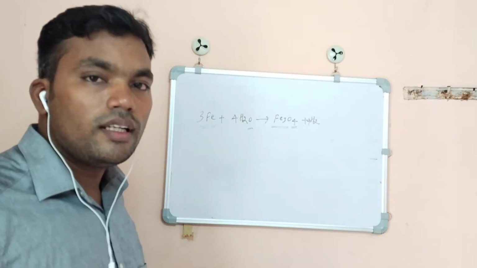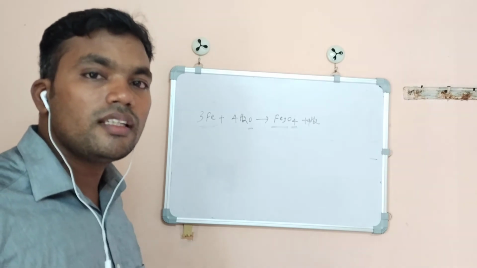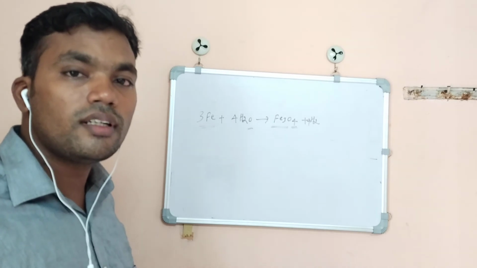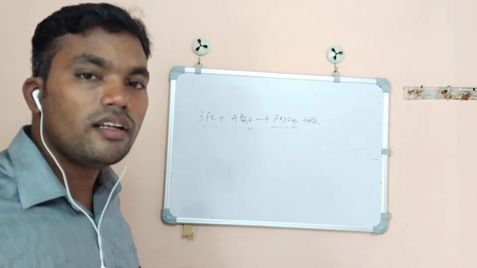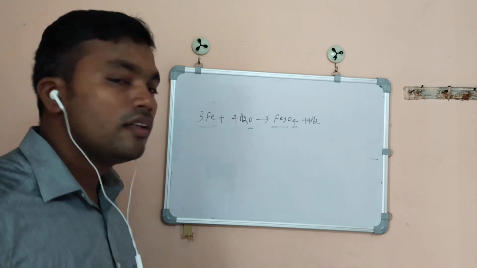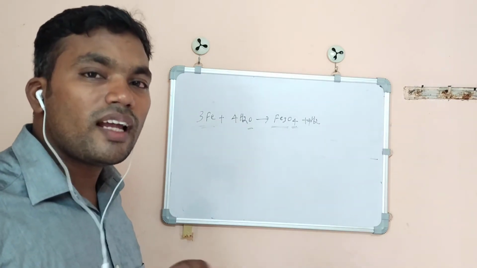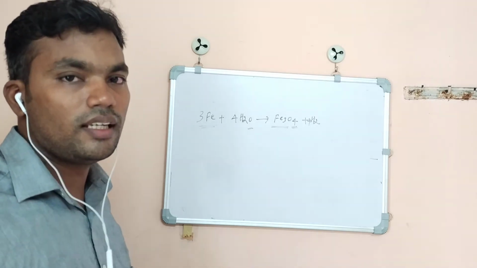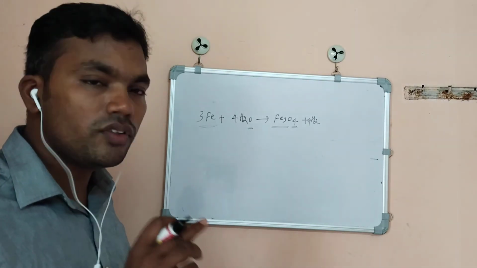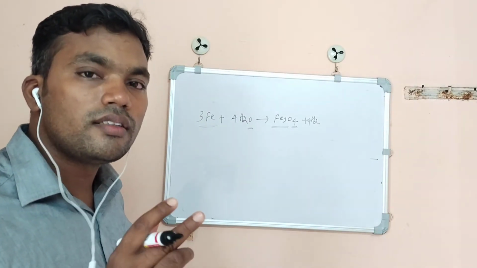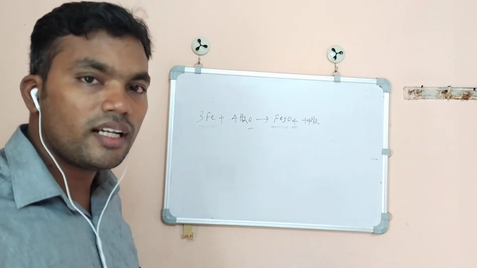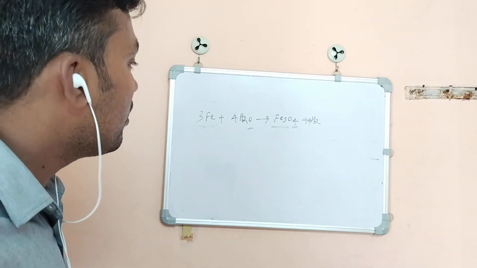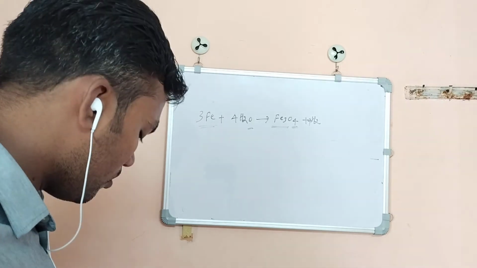Second one, the total mass of the elements present in the products has to be equal to the total mass of elements present in the reactants, or the number of atoms should remain the same before and after the reaction. These three rules or tips and tricks you should keep in your mind before you are going to balance any chemical reactions.